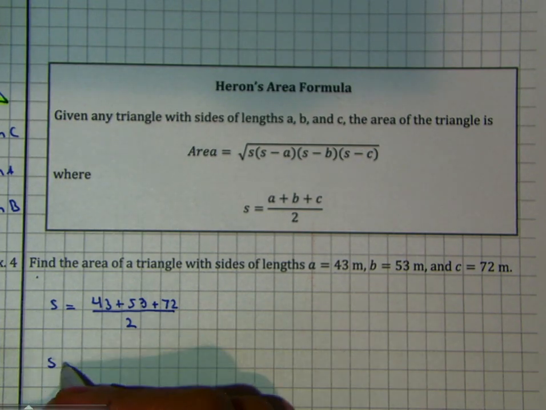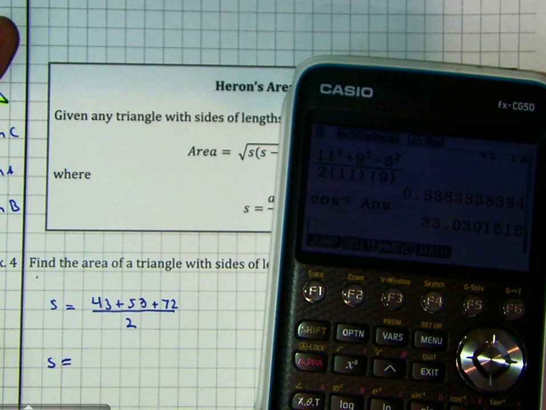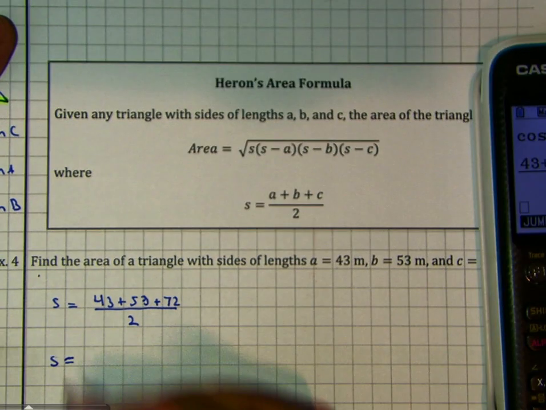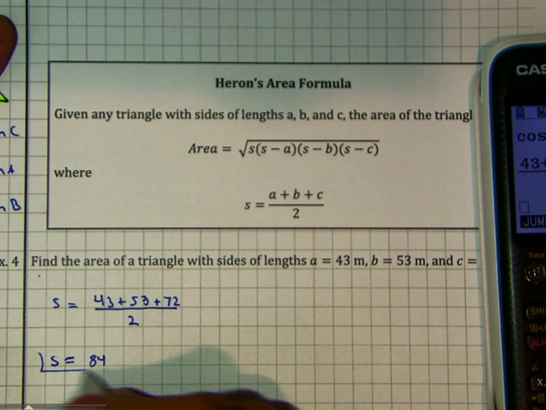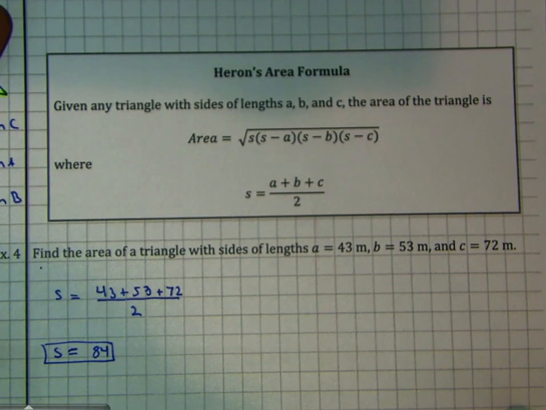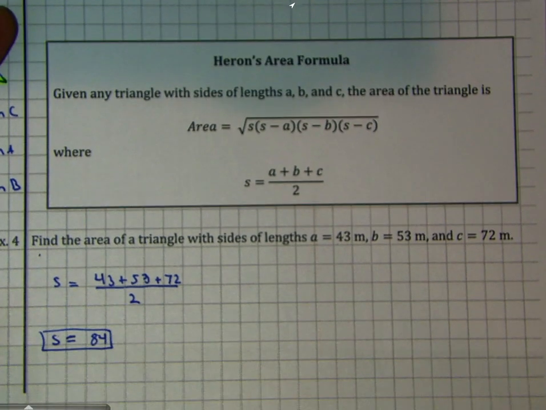So therefore S will be equal to 84. And this comes very handy even when you have a triangular shape in your garden and you need to find how much lawn you need to plant, or the square footage.